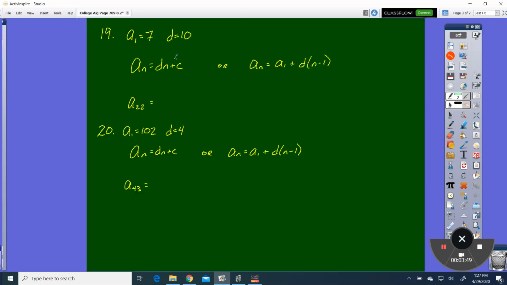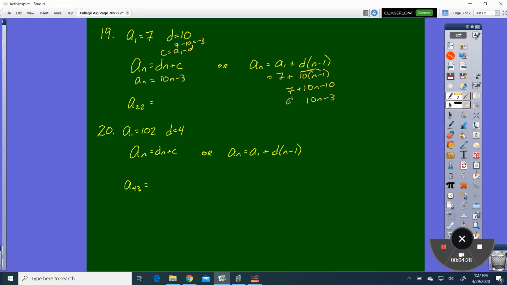Number 19. You're supposed to first of all find the formula. And you use it the same way we've been doing those other ones. So C equals A1 minus D. So A1 is 7, minus 10 would be negative 3. So now I know that my formula is 10n minus 3. Or if I do it this way, A1 is 7, my difference is 10, n minus 1, distribute that 10, 10n minus 10, 7 and negative 10 combine to make negative 3.